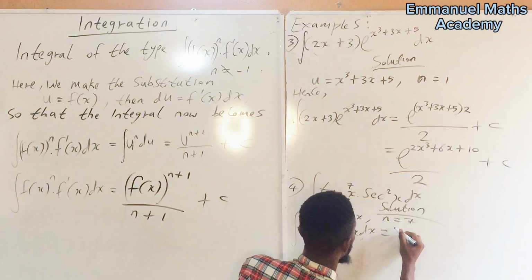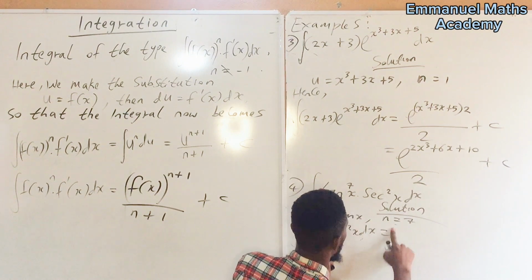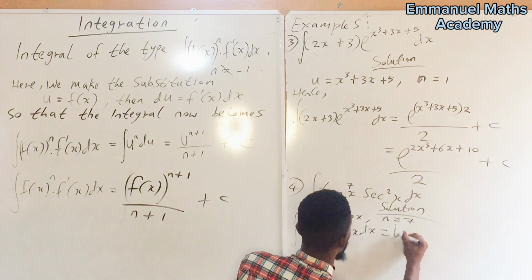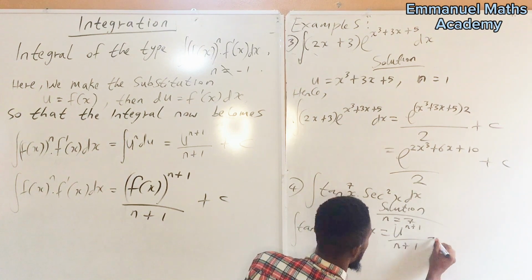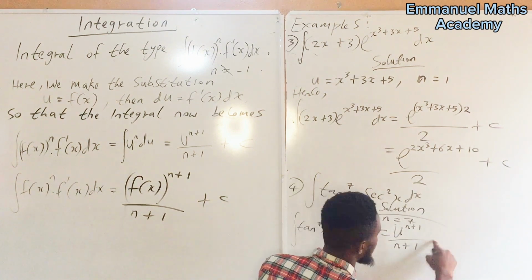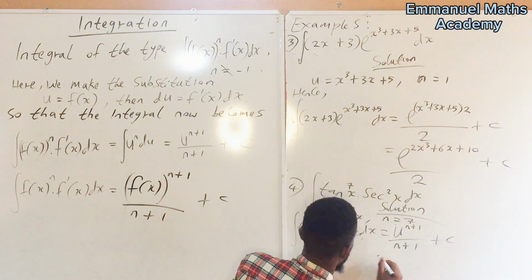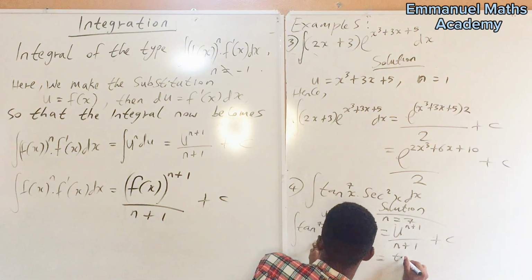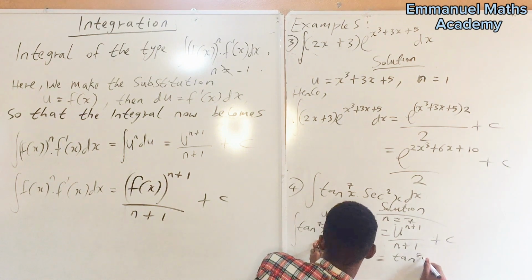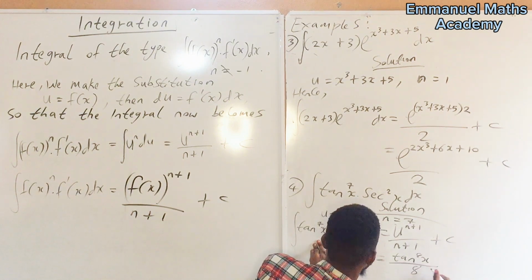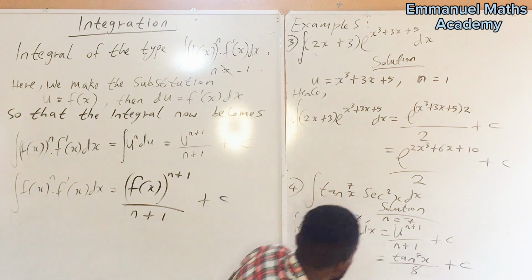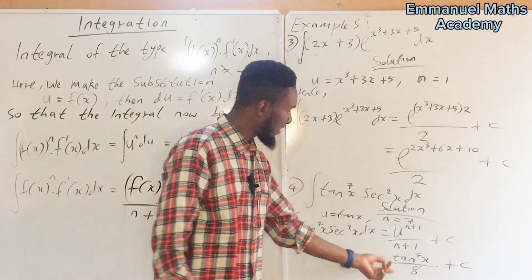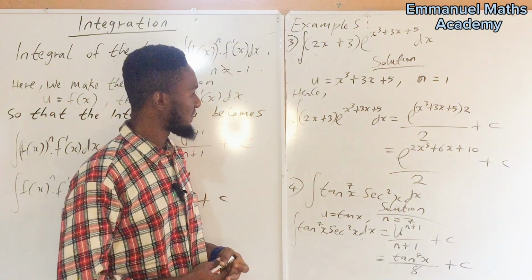So this is u^(n+1) over n+1 plus c, which is tan^8 x over 8 plus c, because 7 plus 1 gives you 8. As simple as that.